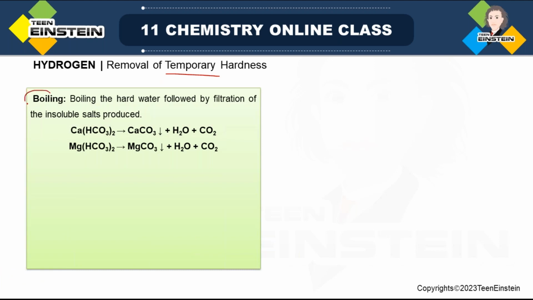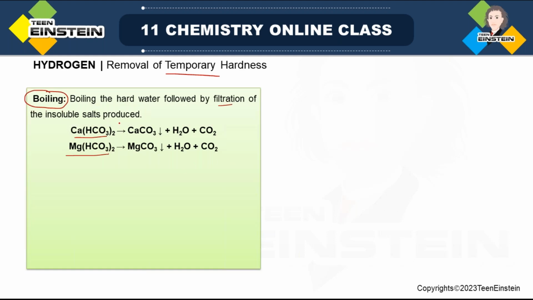It is a very easy process: simply boiling. When we boil the hard water, it is followed by filtration of the insoluble salts. We have already seen that only the bicarbonate anions cause temporary hardness.